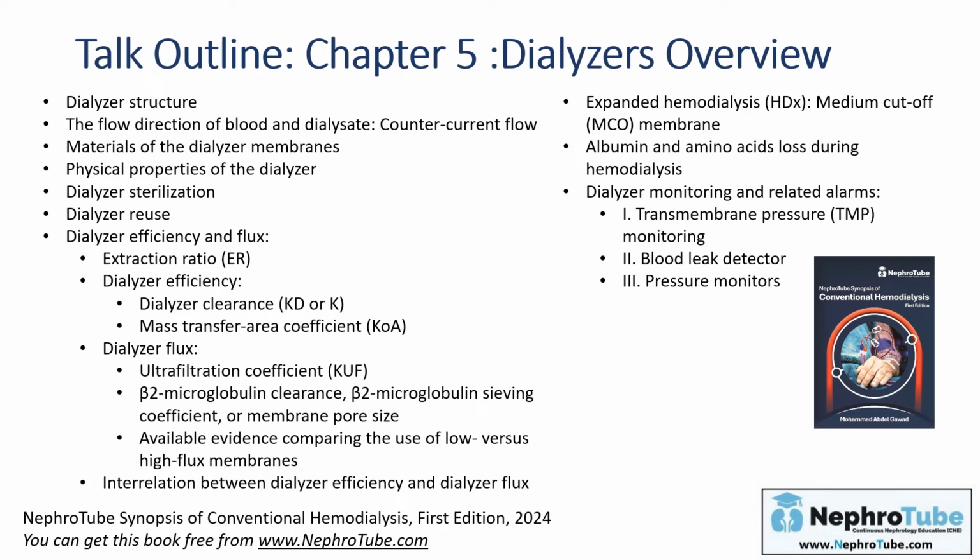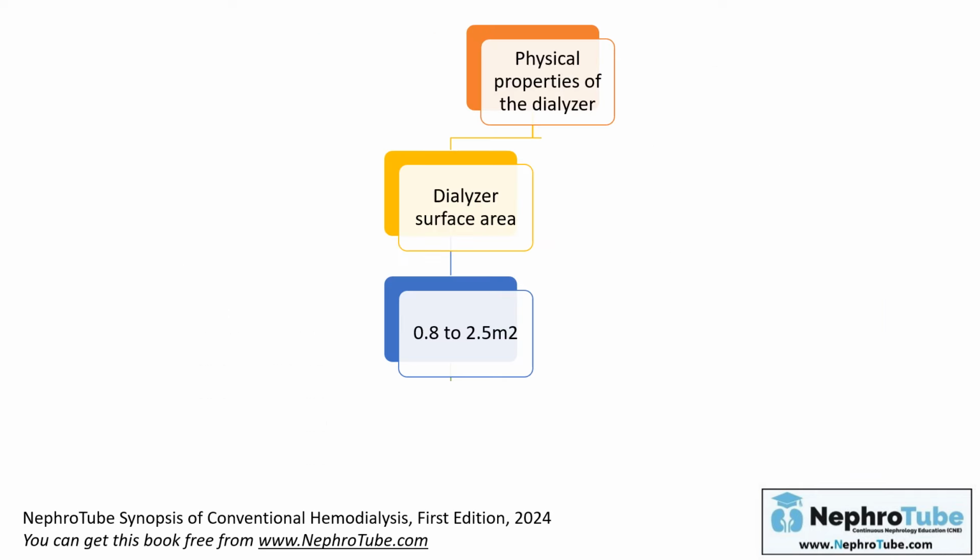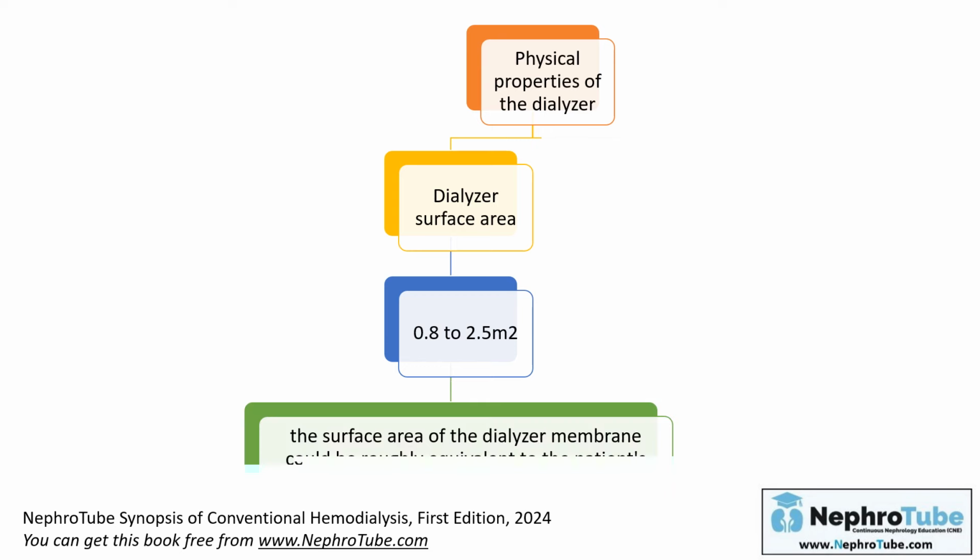Our coming point for discussion is the physical properties of the dialyzer. Regarding the dialyzer surface area, it usually ranges in adults from 0.8 to 2.5 square meters. There is no clear equation or criteria for how to choose the surface area for your patient.